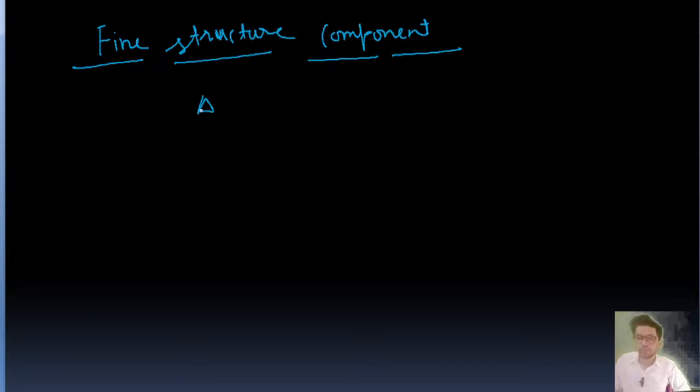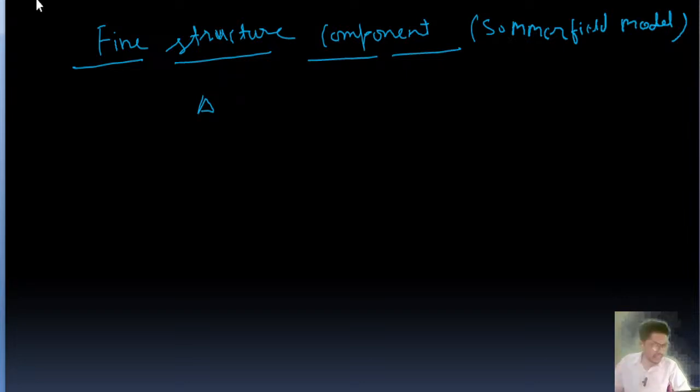So in the Sommerfeld model, we have delta k equal to plus or minus 1.